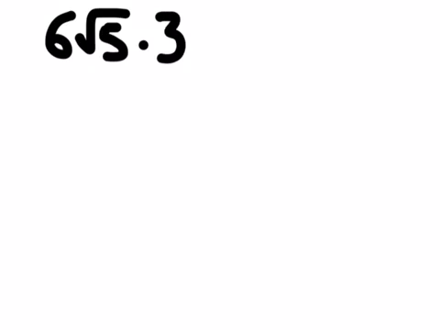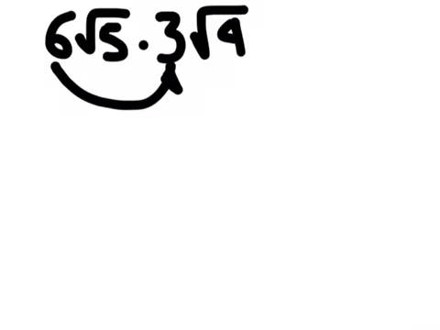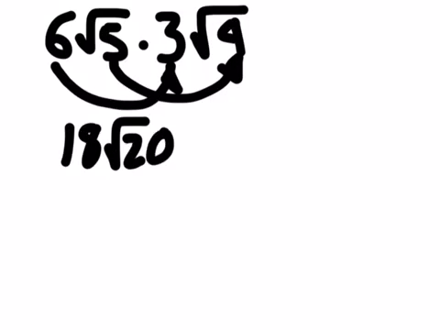Another important point is to understand that the numbers outside the square root will be multiplied by the other numbers outside the square root. For example, these two numbers get multiplied and these two numbers get multiplied. That would give us 18 to 20.